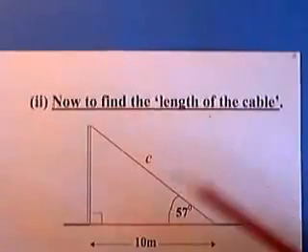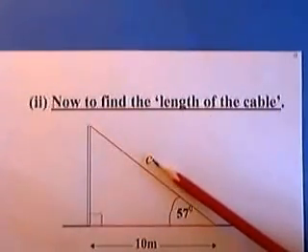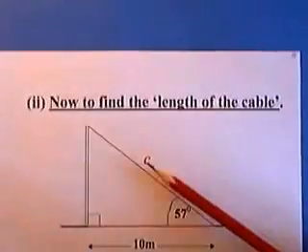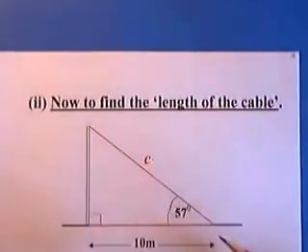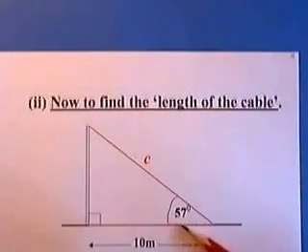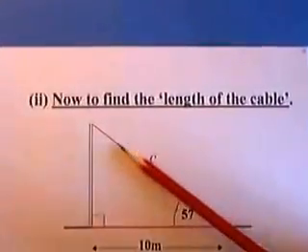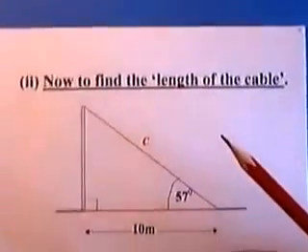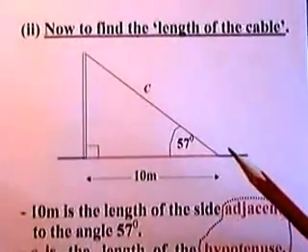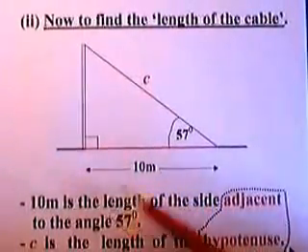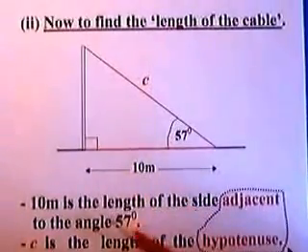What I've done is I have called the length of the cable C. I don't know what it is, we'll call it C. This here is 10 meters, and this is the length of the cable.